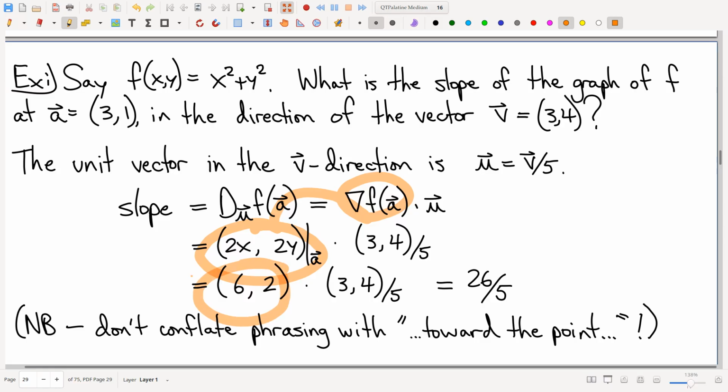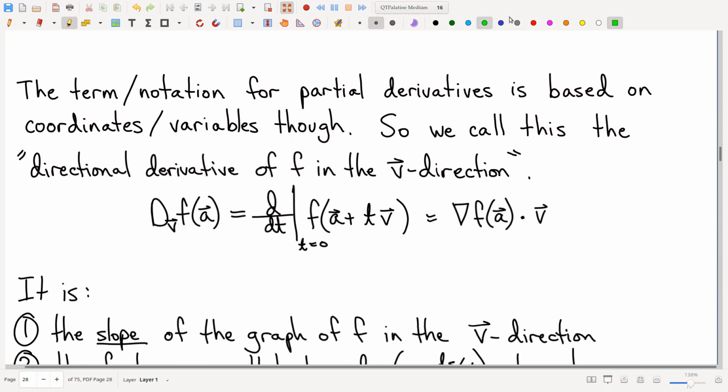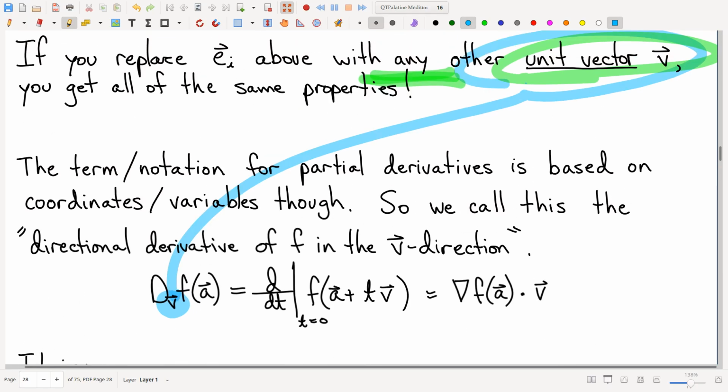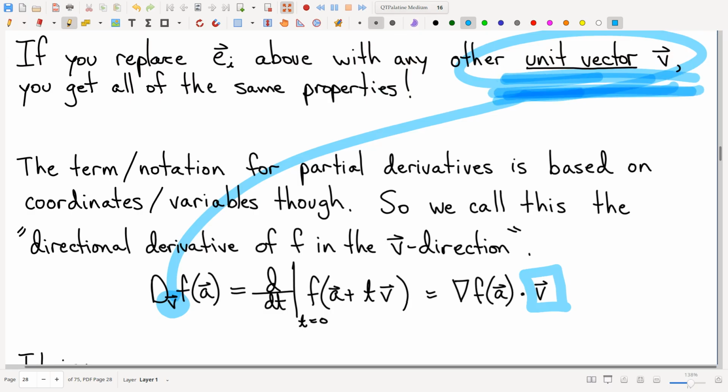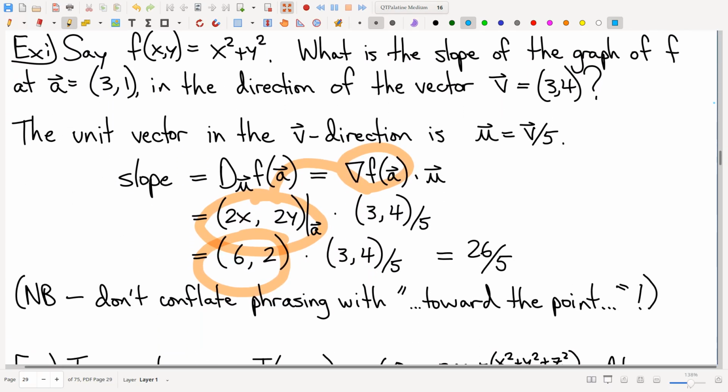The other thing I have to do, coming back up here, do recall, very importantly, that the vector does have to be a unit vector. Let's see, where did I write that? Here we go. Yep, that's got to be a unit vector. Right, so the thing that I dot with the gradient, that has to be a unit vector. That's the deal if I want to make this interpretation. So, okay, well, I wasn't given a unit vector, but no big deal.